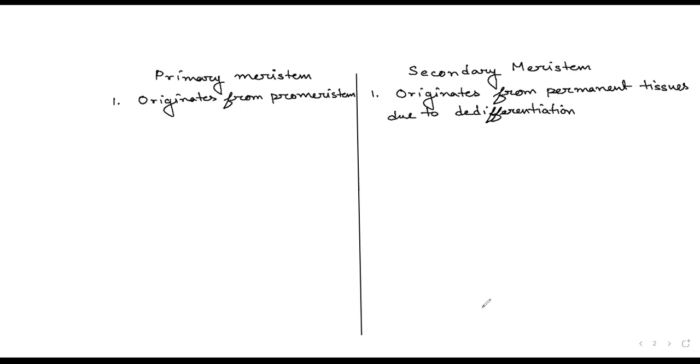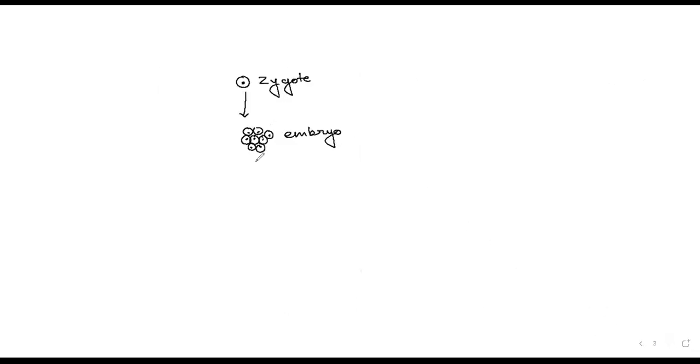Once from this embryo, there is further differentiation where some group of cells are like this, some group of cells are like this, some group of cells develop into this type of structure.